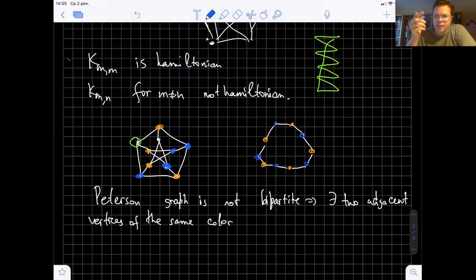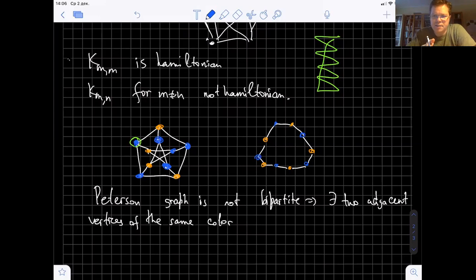If I have a cycle, I need to go into the vertex and out of the vertex. So if I have two vertices of the same color and one of a different color, then I need this vertex to be blue. And also this vertex should be blue, because if I have this orange, I cannot come from this vertex and go to another vertex. So this also should be blue.